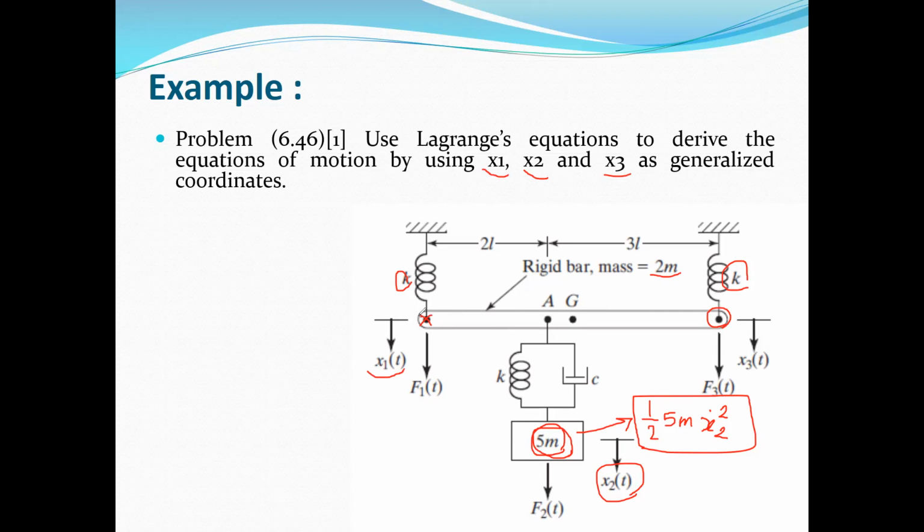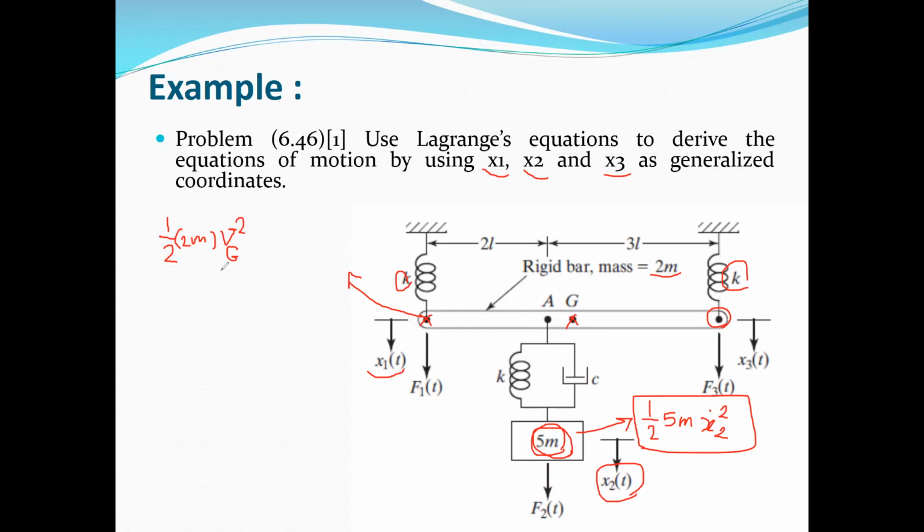So the kinetic energy for this rod can be written as half times the mass, which is 2 times m, times the velocity of the mass center. The mass center of this rod is point G, so it will be Vg squared.